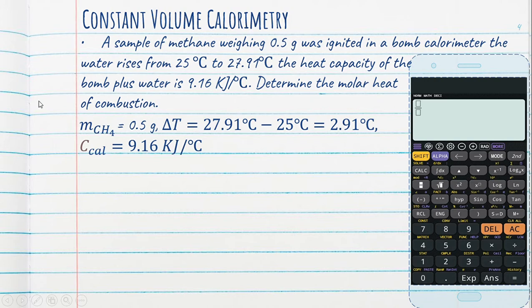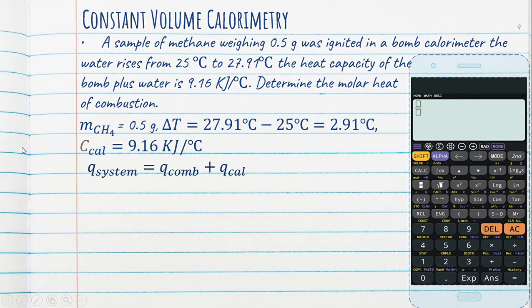The change in temperature is equal to the final temperature, 27.91 degrees Celsius, minus the initial temperature. And so the change in temperature is 2.91 degrees Celsius. The heat capacity of the bomb plus water is 9.16 kilojoules per degree Celsius.